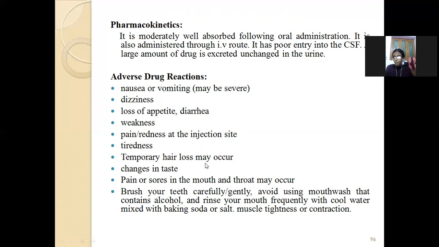After brushing, one should avoid mouthwashes that contain alcohol, baking soda, or salt while using this drug, because they may cause muscle contraction.